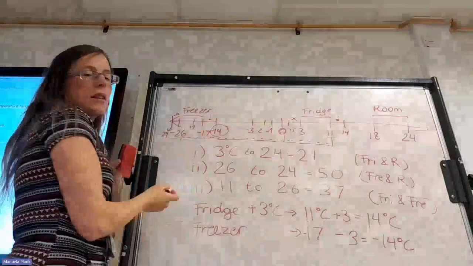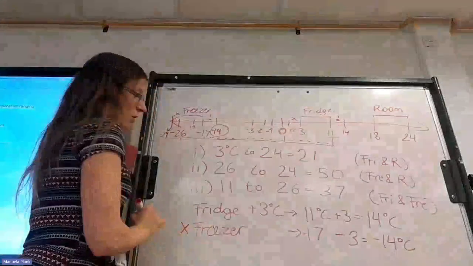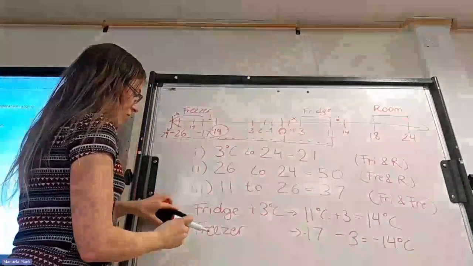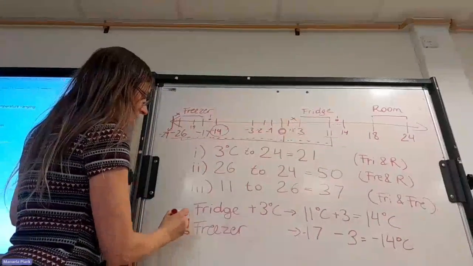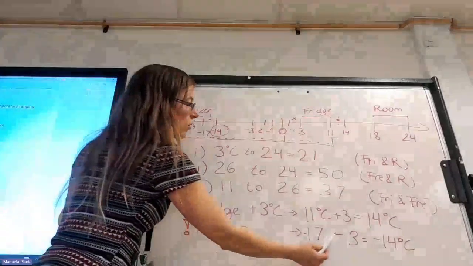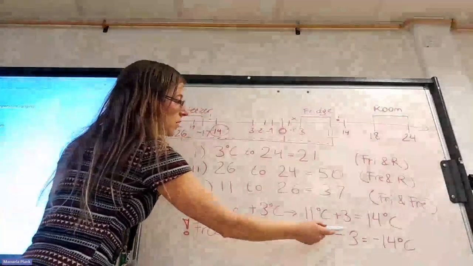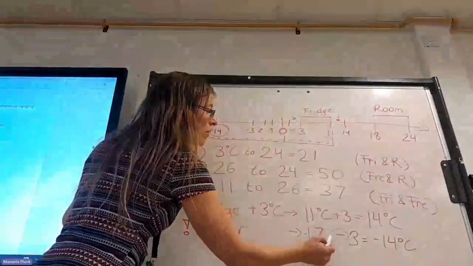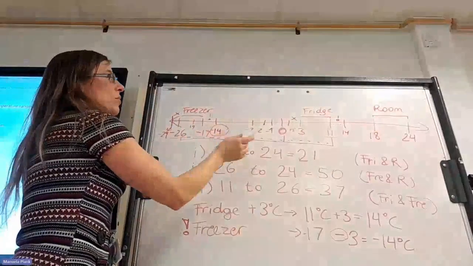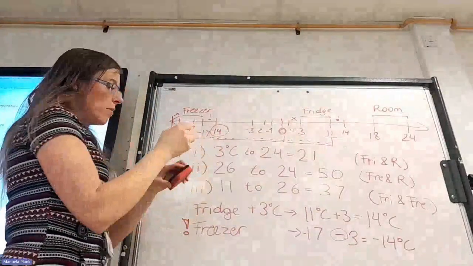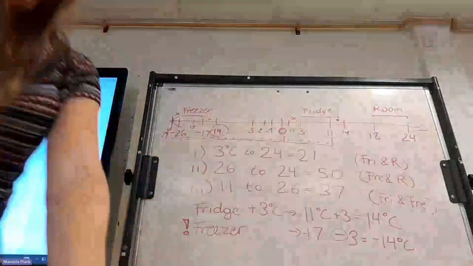But 19 is in the range. So be careful about the freezer. That one is quite tricky. You might add the plus 3, but you actually have to do minus 3 here because of the temperature layout. So if you draw a number line here, that will help you to figure out if it's minus or plus.